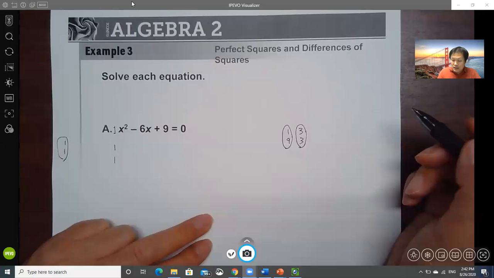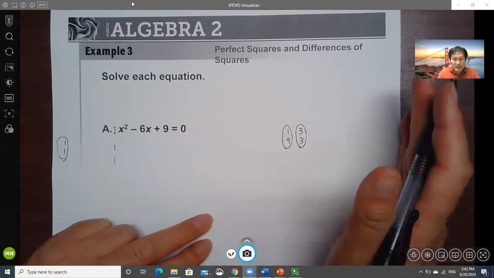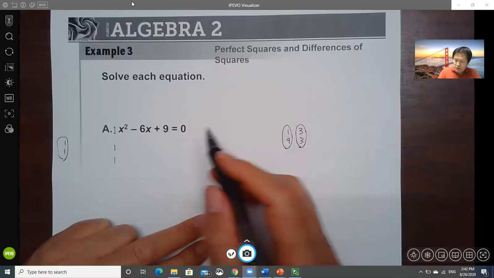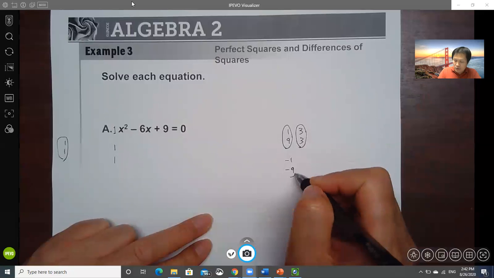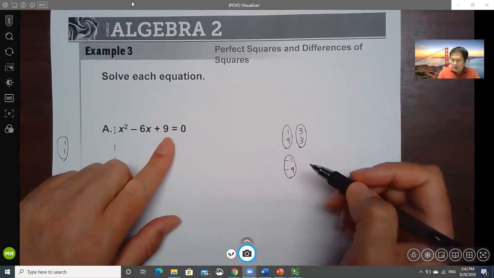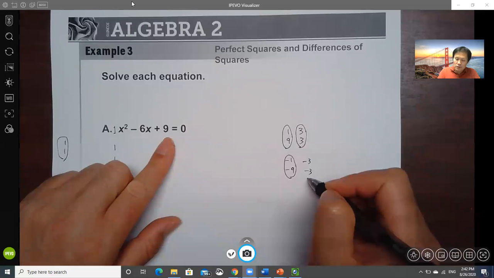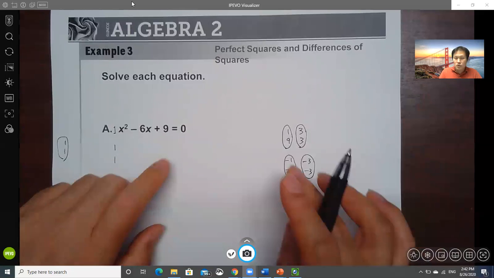Okay, so that's the one. You do want to explore minus side for the constant, so which means minus 1 times minus 9 also makes 9. Minus 3 times minus 3 makes also 9. So we have 4 different choices.